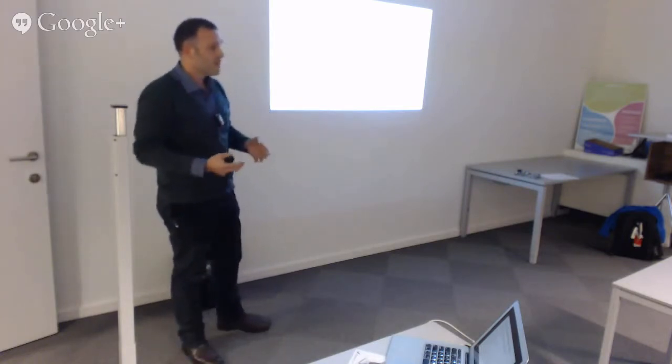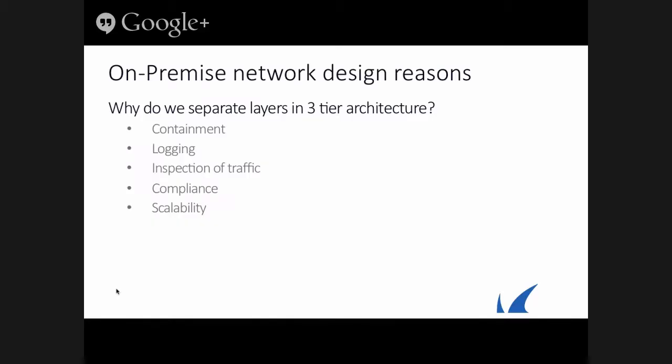Logging, make sure that on every step you have separate logging. Inspection of the traffic, because it comes in, but what is that traffic doing? It might be malicious, it might not be. You open up that port, but then you can do, for example, IDS, IPS, or you can do a web application firewall and so on.